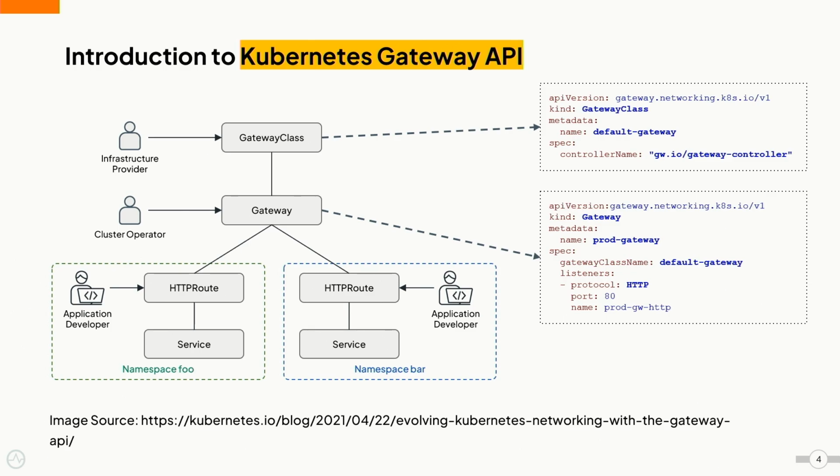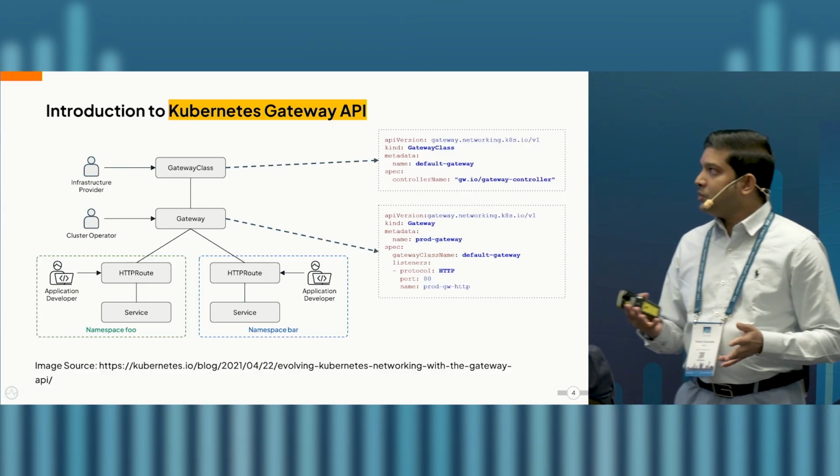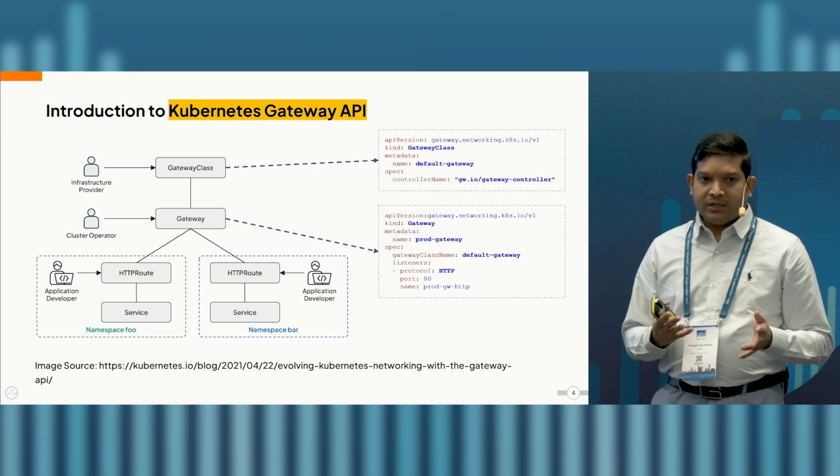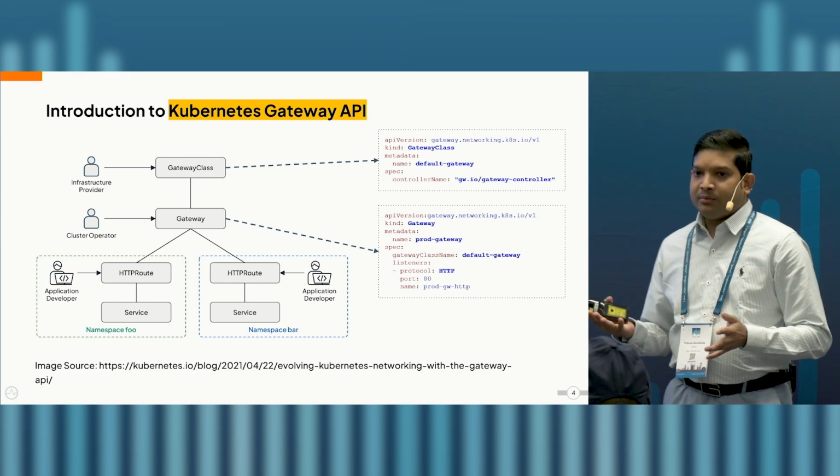Unlike the ingress specification, the Kubernetes Gateway API brings a new phase into API gateway management, with improved traffic routing, granular security policies, and with all that, it introduced role-oriented custom resources.